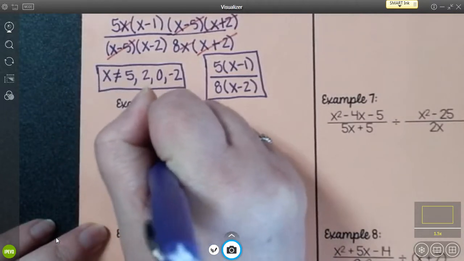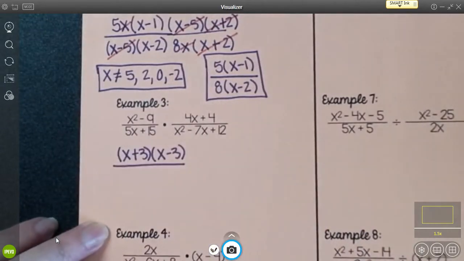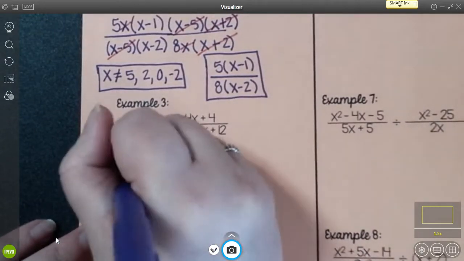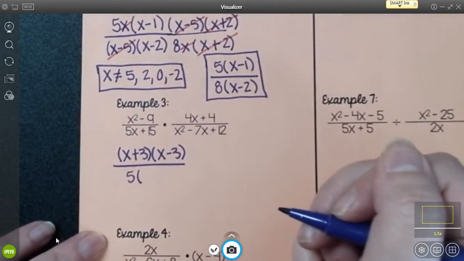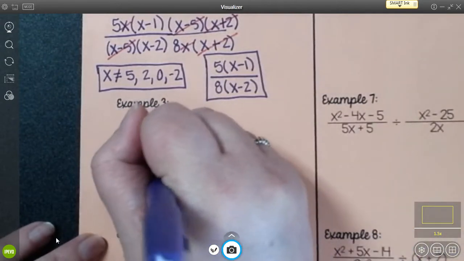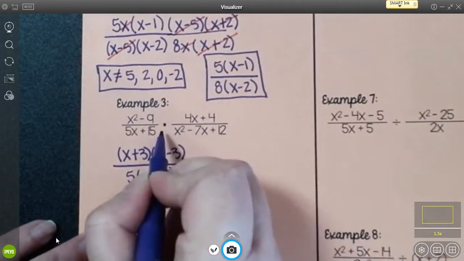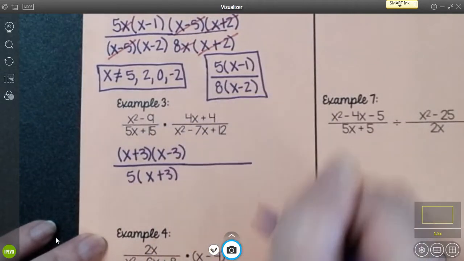X plus 3, x minus 3. Over 5 times x plus 3. I'm multiplying, so I can go ahead and just extend that fraction bar.